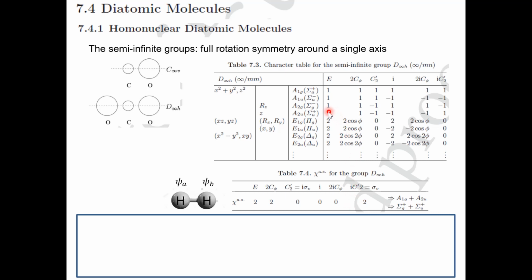And there's another index, plus or minus, indicating if the representation is even or odd under the C2 prime.